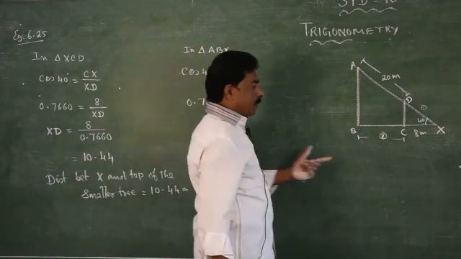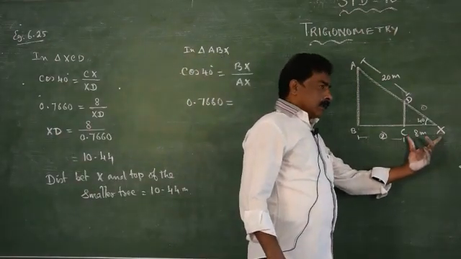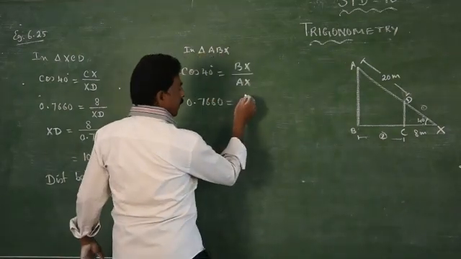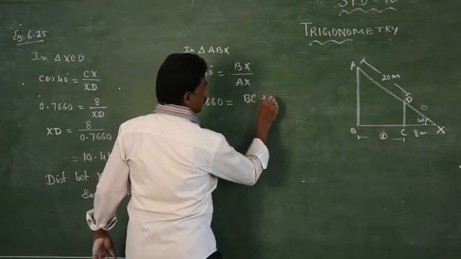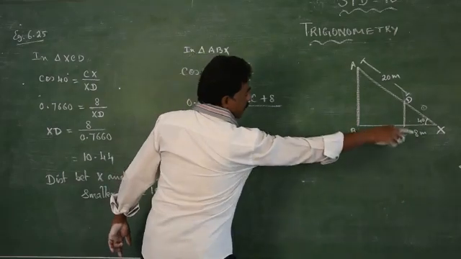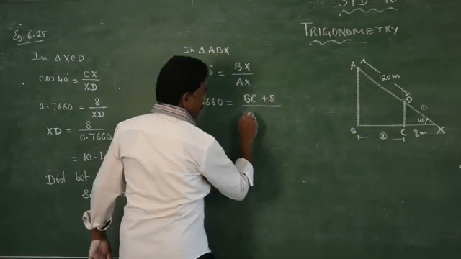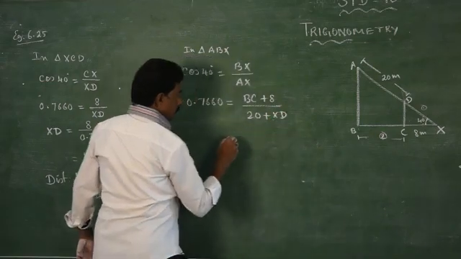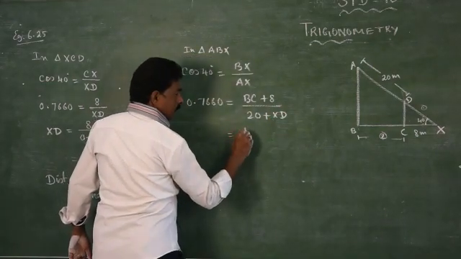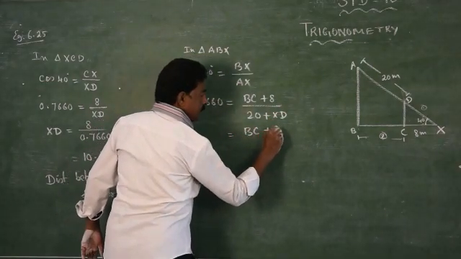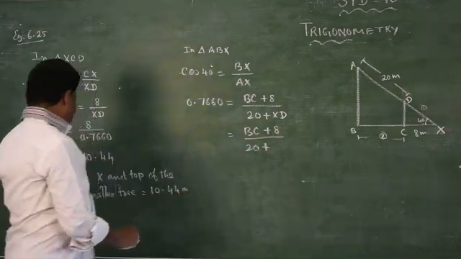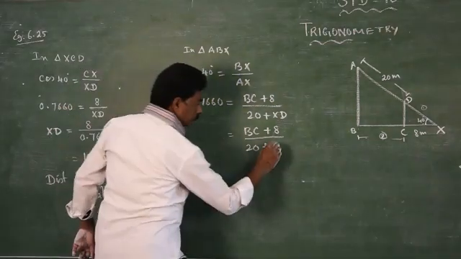BX is BC plus 8, this 8 is given, BC we have to find. And what is AX? 20 plus XD. So BC plus 8 by 20 plus XD, the XD value you found.